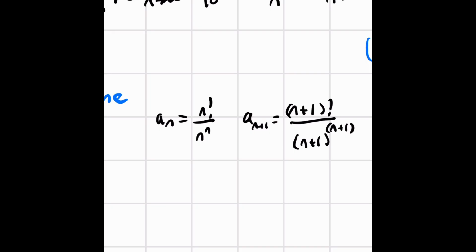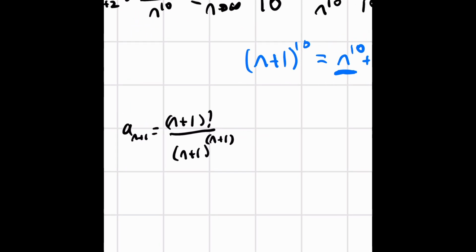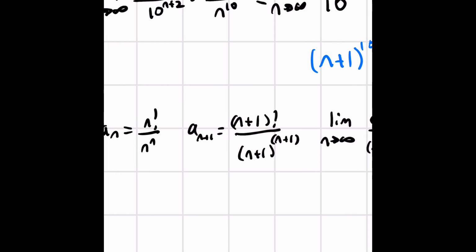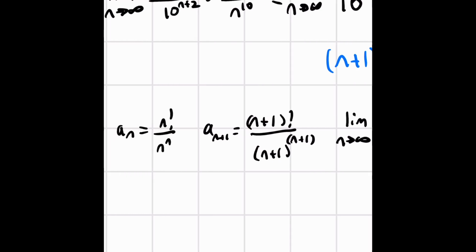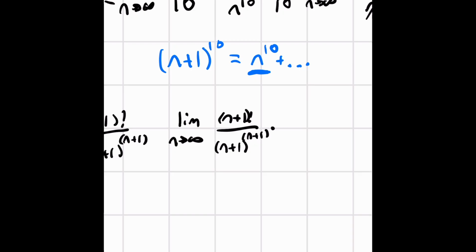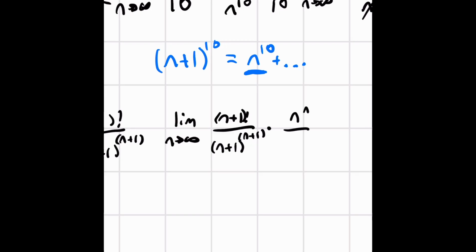So that means we're going to do the limit as n goes to infinity of n plus 1 factorial over n plus 1 to the n plus 1, and then divide by n factorial over n to the n, which turns into multiplying by n to the n over n factorial.